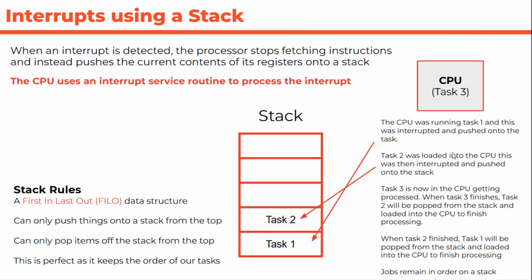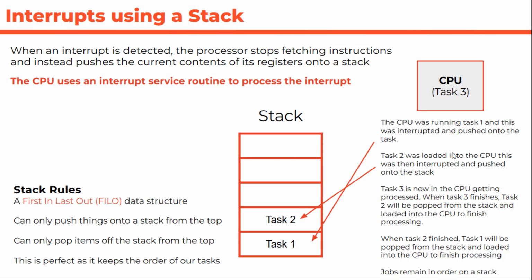Task 3 is now in the CPU getting processed, and when task 3 finishes, task 2 will be popped from the stack back onto the CPU, reloaded, all the registers are reloaded, and it can finish processing. When task 2 is finished, task 1 will be popped from the stack and loaded into the CPU to finish processing.